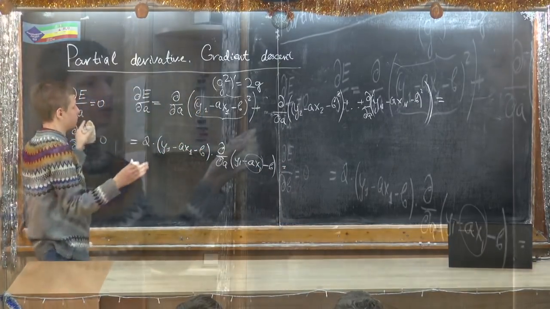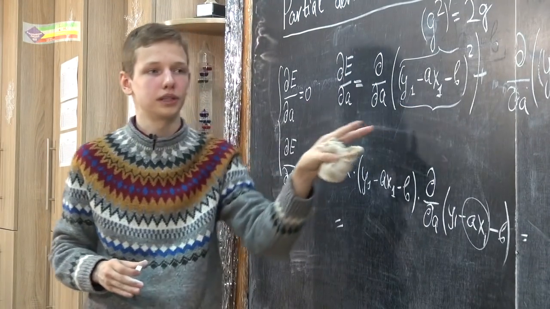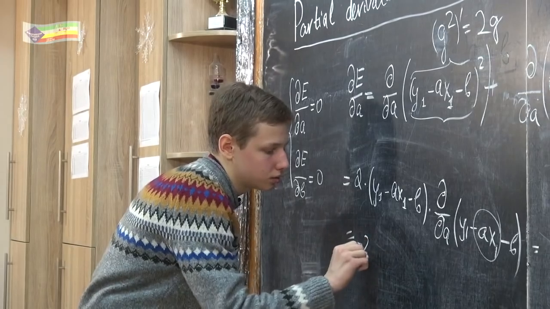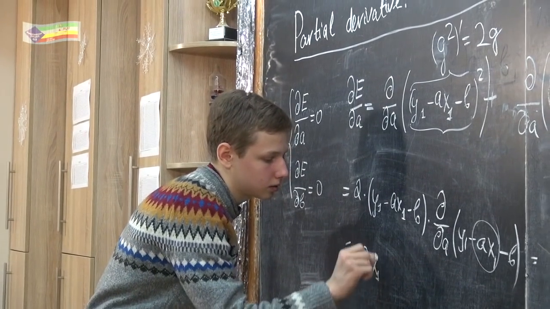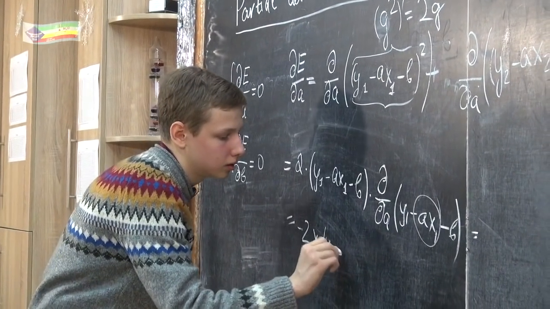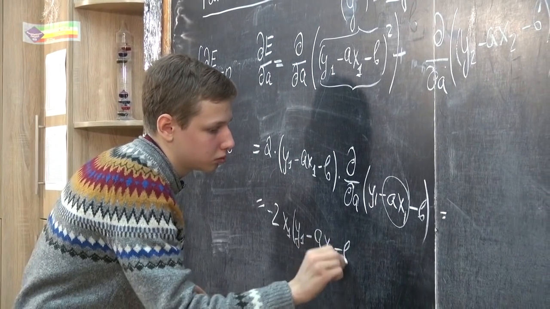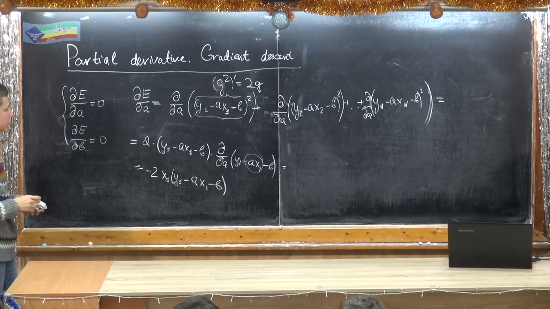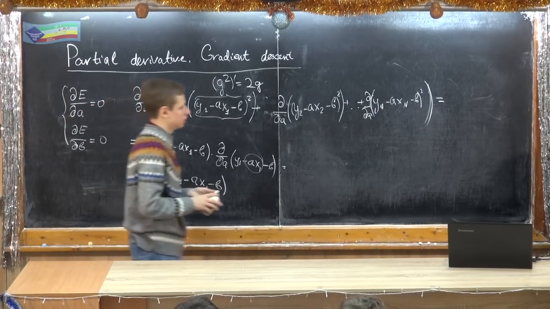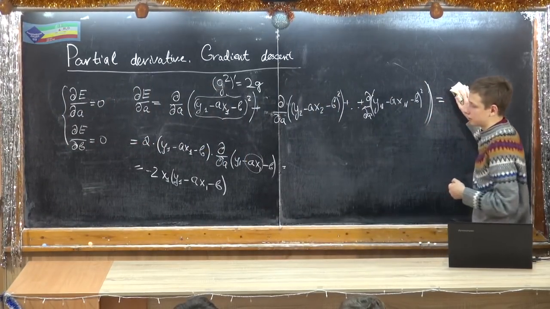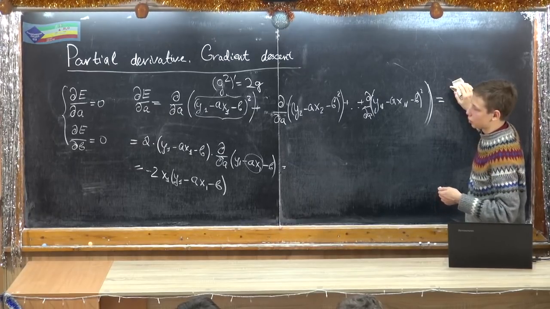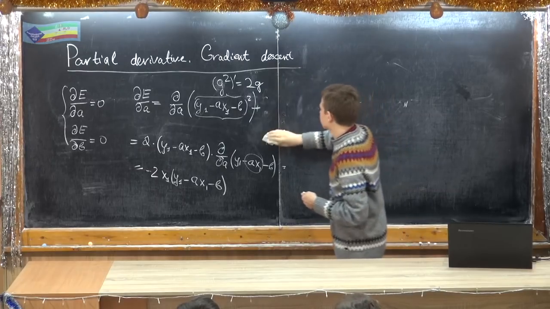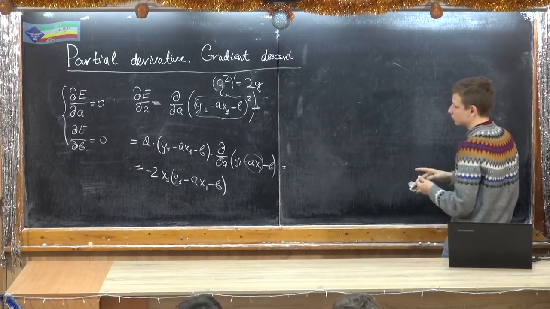So the partial derivative of this small piece of the whole sum will be equal to minus 2 x1 y1, and now we can rewrite all this back to our sum notation like that.